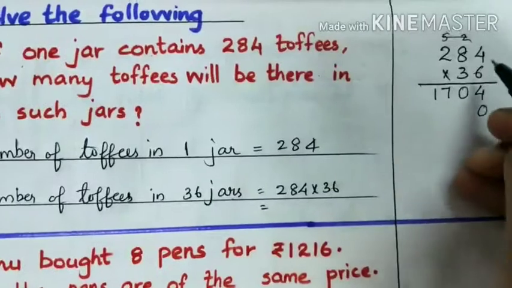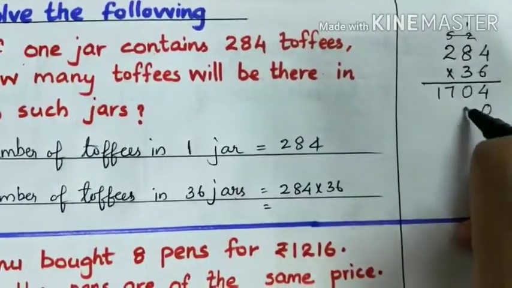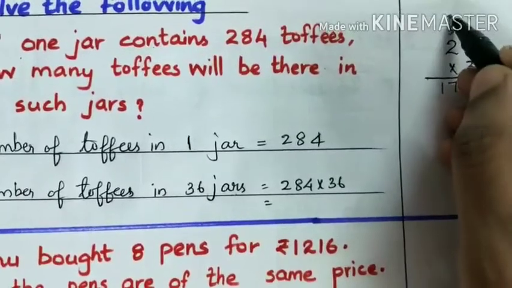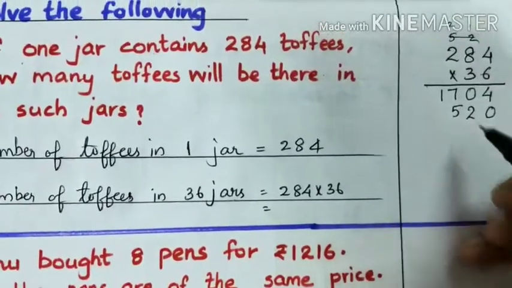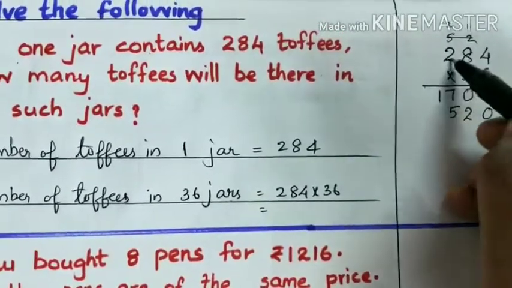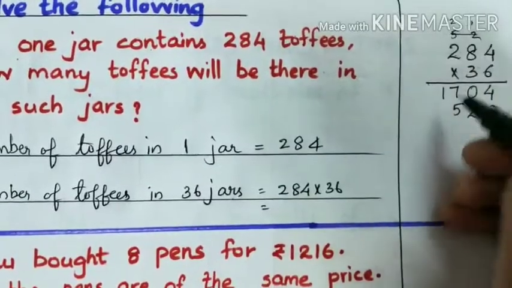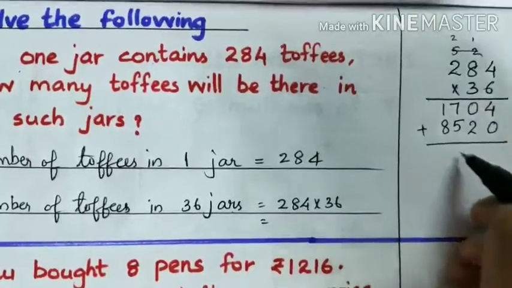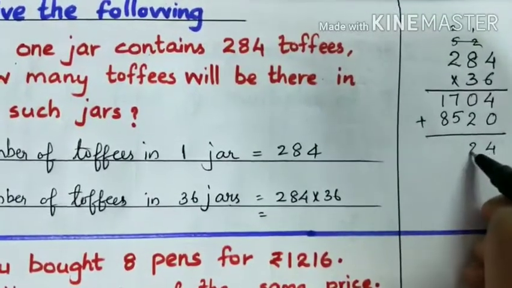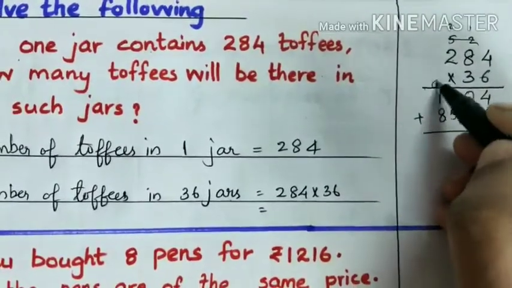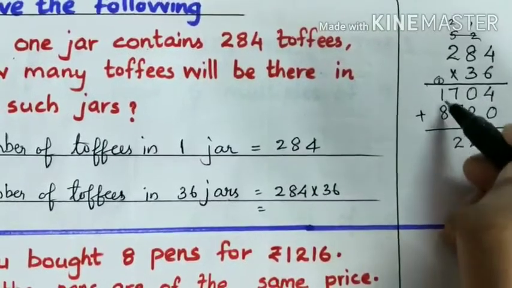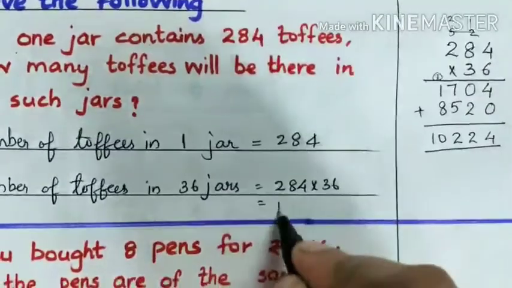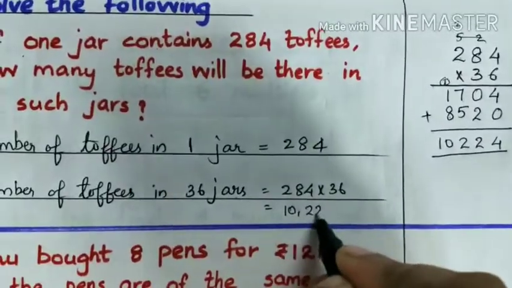Give 0. 4 into 3, 12. 8 into 3, 24 plus 1, 25. 2 into 3, 6 plus 2, 8. Now add: 4 plus 0, 4. 0 plus 2, 2. 7 plus 5, 12. 8 plus 1 plus 1, 10. 10,224.